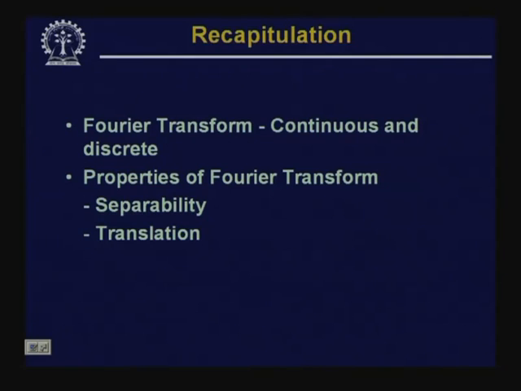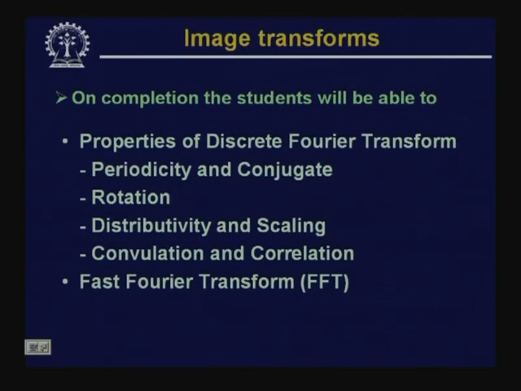Today, we will continue with our lecture on the Fourier transformation, and we will see the other properties of the Fourier transformation. We will talk about how to implement the Fourier transformation in a faster way, that is, the fast Fourier transformation algorithm. In today's lecture, we will see the properties of the discrete Fourier transformation, specifically the periodicity and conjugate property.